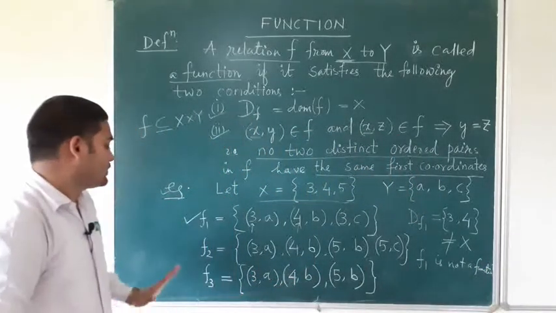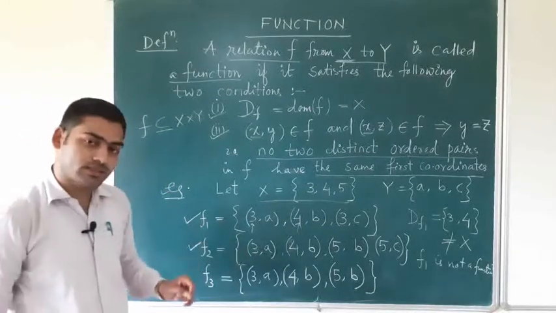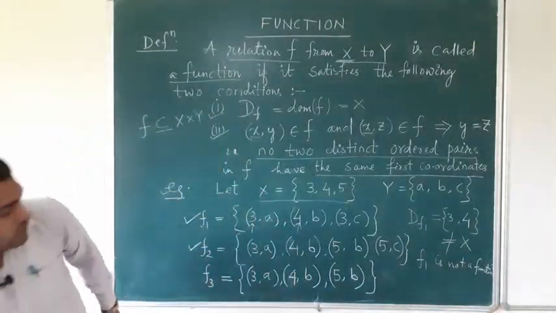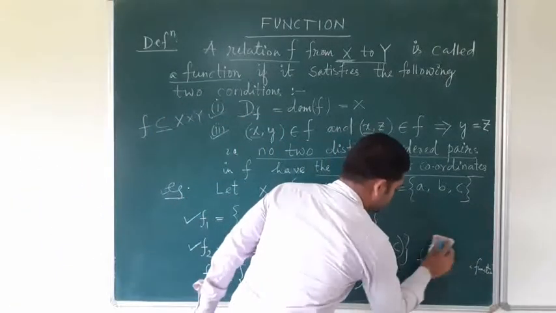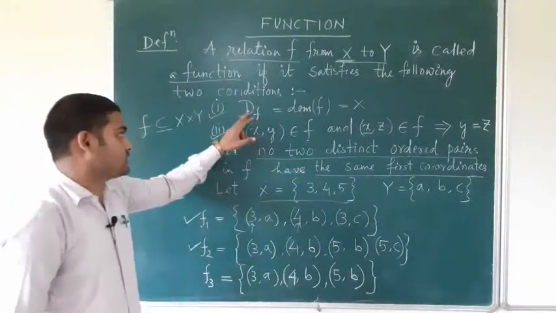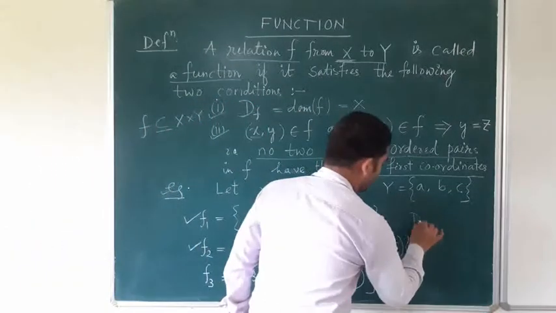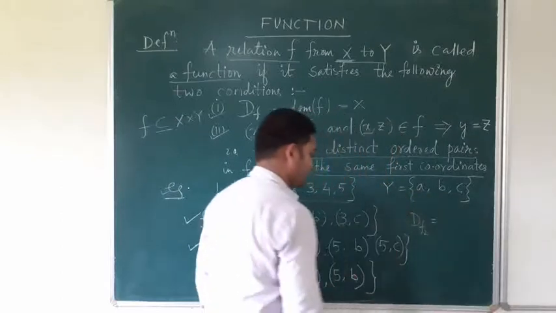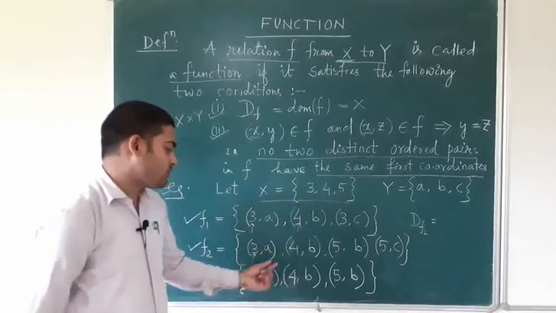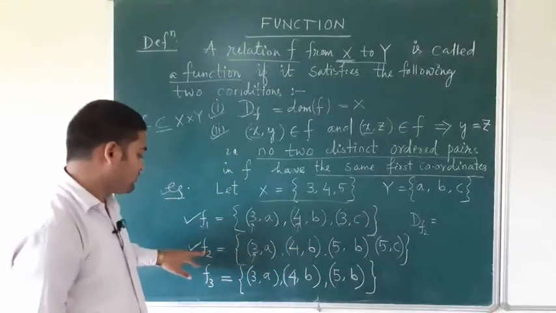Understood? Now come to check whether the F2 relation is a function or not. Okay. So first we see the domain of F2. The domain is what? The set of first coordinates of all ordered pairs of F2.